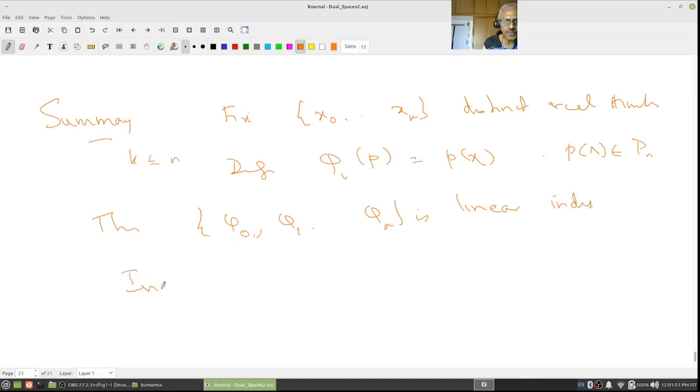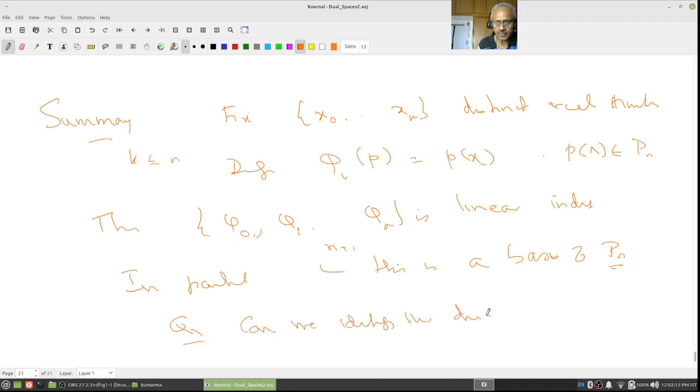In particular, this is a basis of Pn*, because how many elements are there? n plus 1 elements, and this is linearly independent, and the dimension of Pn is n plus 1. Therefore, this must be a basis. The question is, can we identify the dual basis?